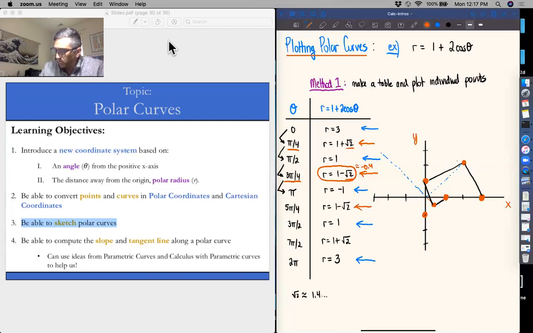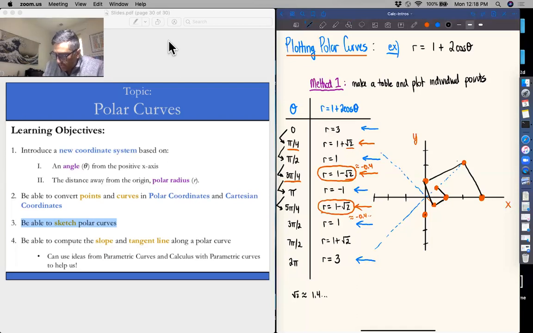Let's see where we normally would be. 5 pi over 4 would normally be somewhere in quadrant 3, except we're going to see the same thing happen, where our r value is also going to be negative, roughly minus 0.4 and change. So instead of being out this direction of 5 pi over 4, we reflect over the origin again, a distance about 0.4 away. And we can connect those points, pi to 5 pi over 4, like so.